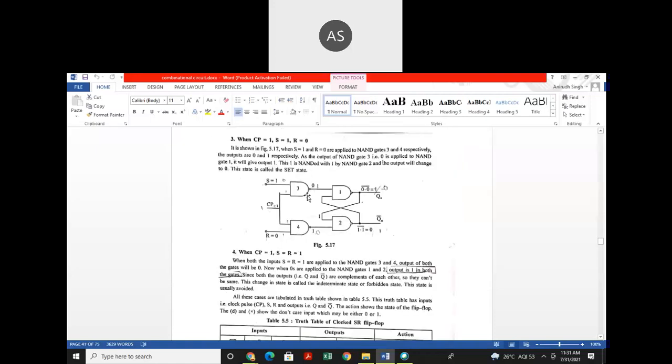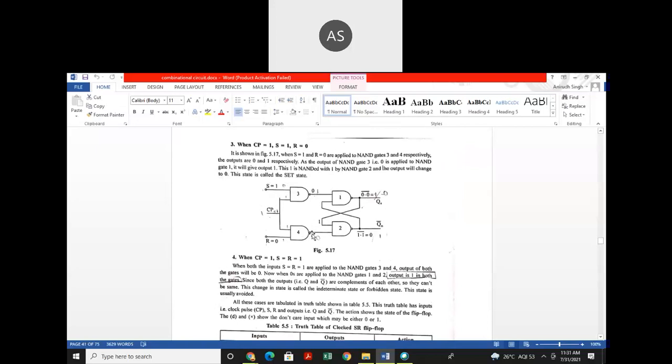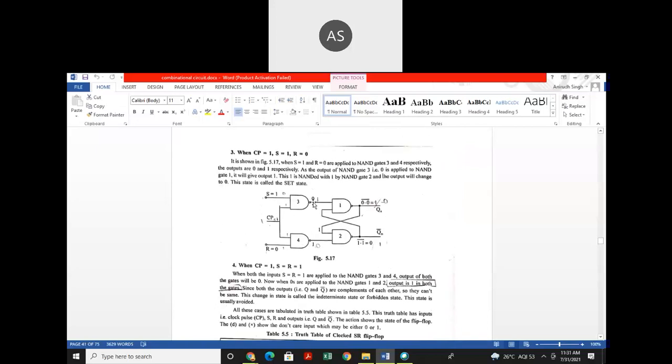Similarly, in this case, the set terminal is 1 and the reset terminal is 0. So 1, 1, 0 and 1, 0. Here we get 1. Then 1, 1, here we get 0, and here 1, 0 means 1.